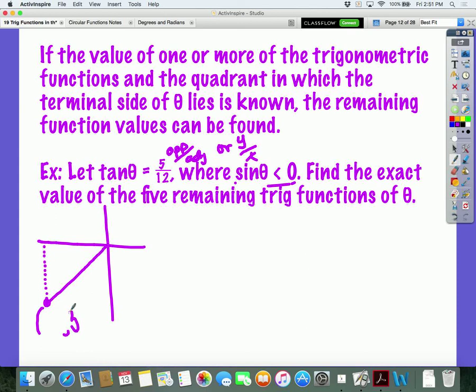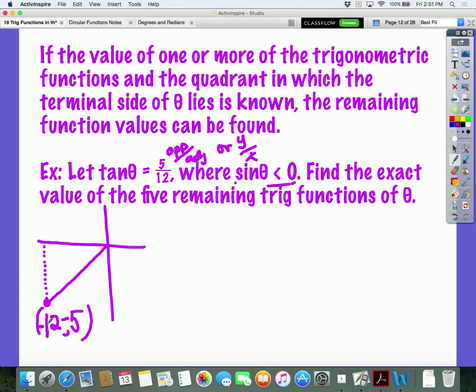The y coordinate, and x is going to be 12. But be careful, since you're in the third quadrant, both x and y are what? Negative. And that can really throw you off when you're trying to figure out your sine, cosine, and so forth. So be very careful with that.